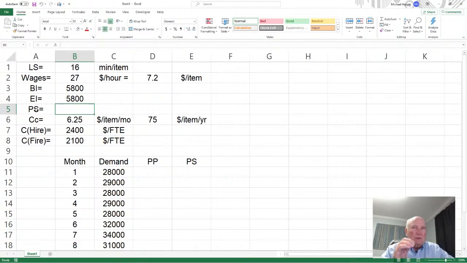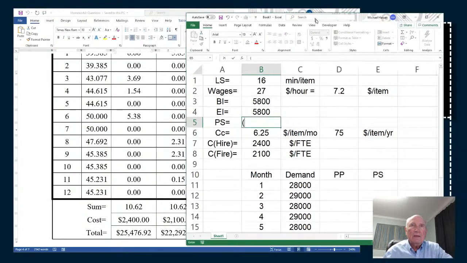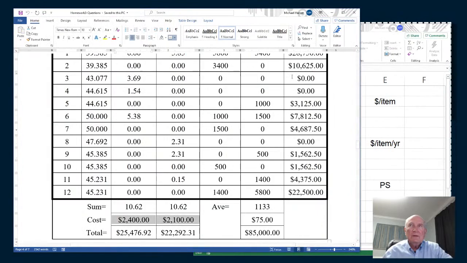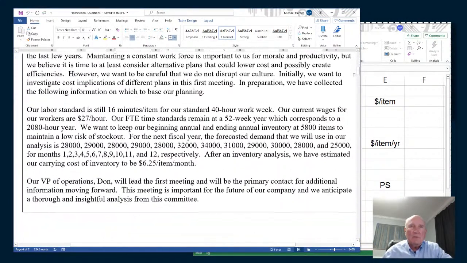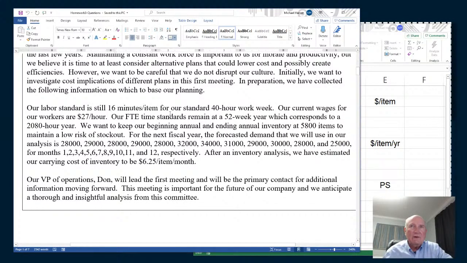We want our production standard per month. So back up here at the top, remember, in the memo, we have 40 hours a week, 52 weeks in a year, and 2,080 hours per year.